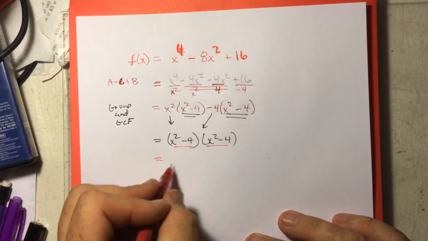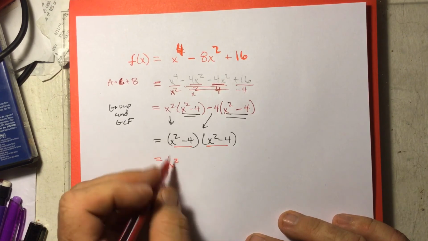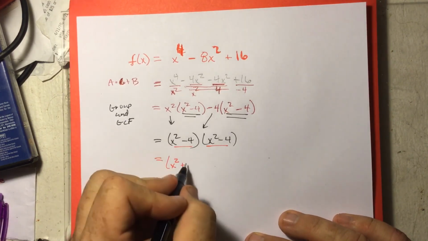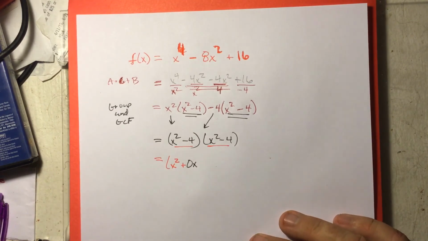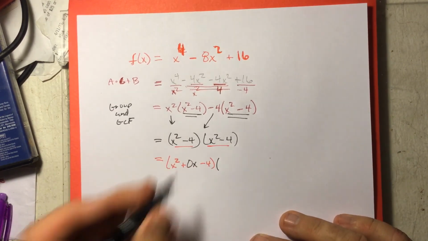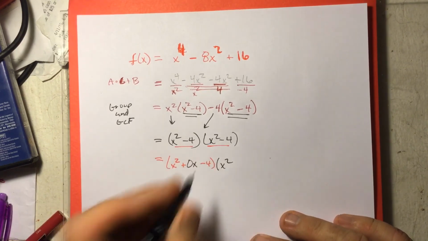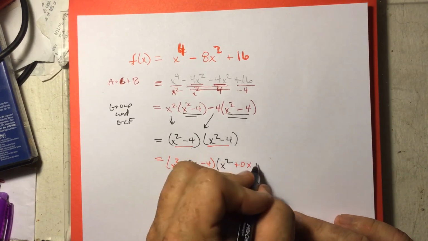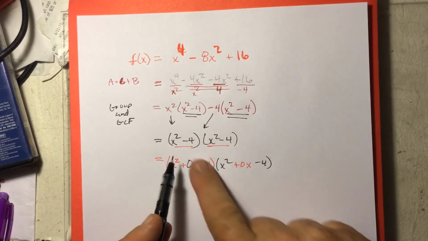These two can be factored farther. So just remember x squared plus 0x minus 4 times x squared plus 0x minus 4. That's what this reads.